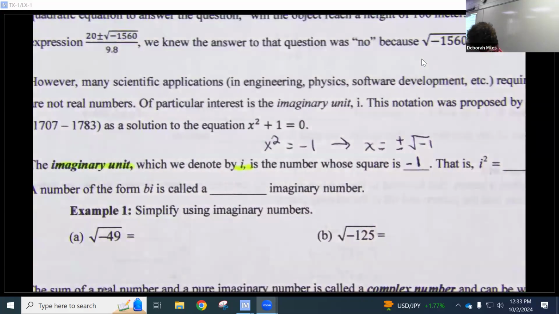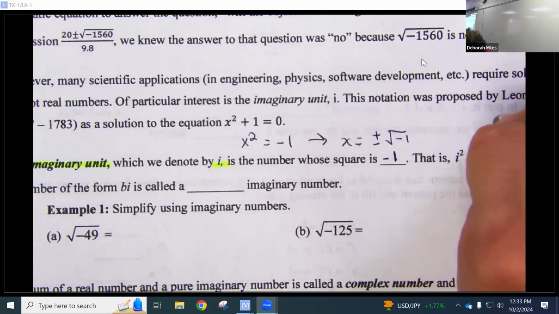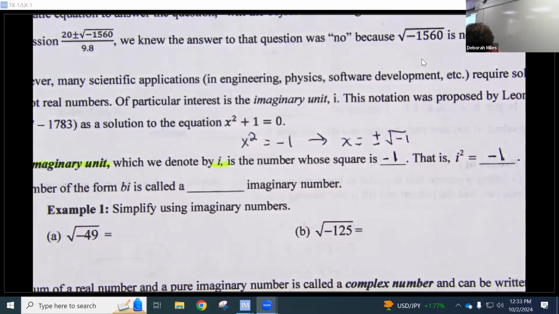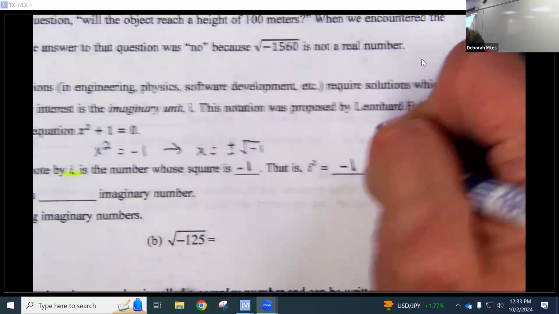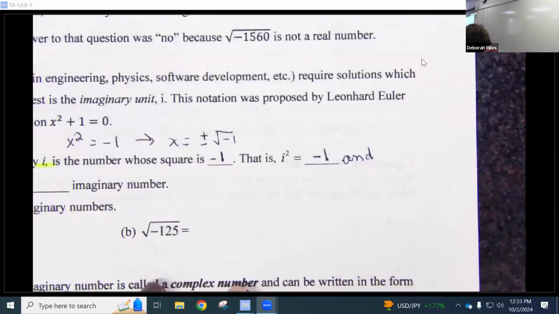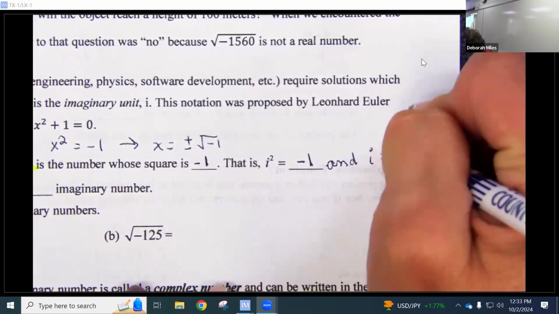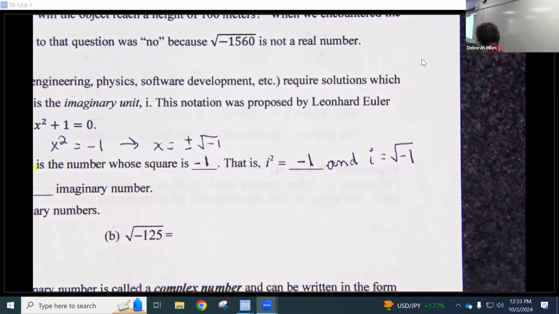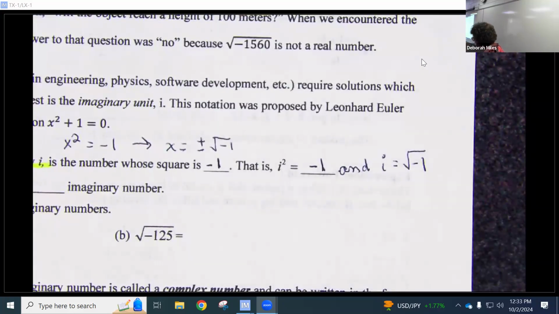It's the number that if you square it, you get -1. i squared is -1. And I wish I'd had one more sentence in there. I'm just going to say, and i is the square root of -1. Now on, whenever we see square root of -1, plop an i in it and keep going.